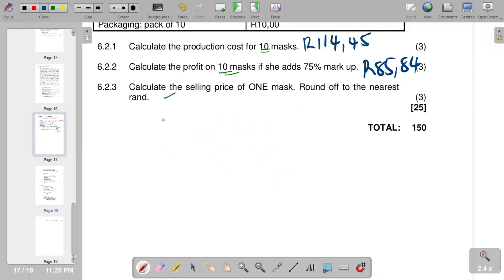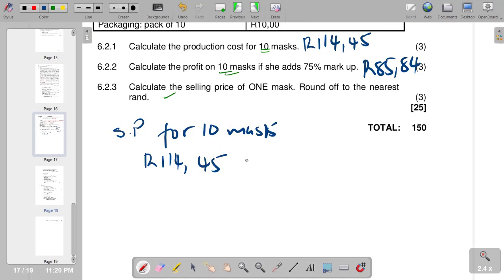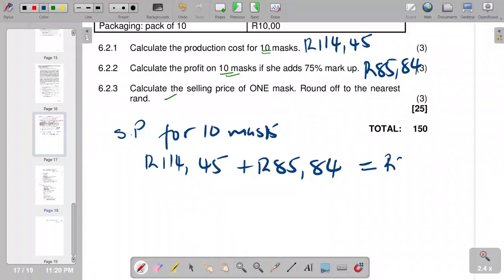So for the selling price for 10 masks, we are saying 114 rand 45 cents plus 85 rand 84. So we now get the selling price for 10 masks. You get 200 rand 29 cents. So this is for 10 masks.